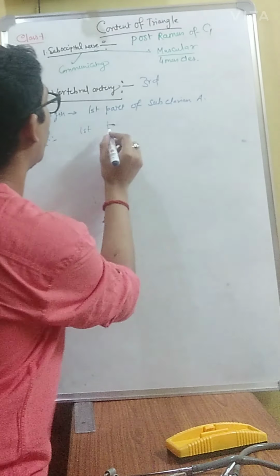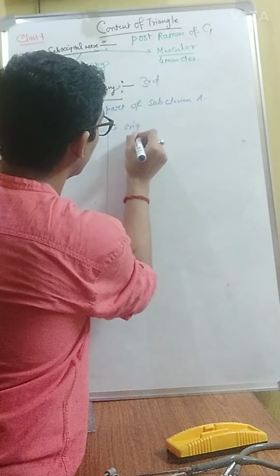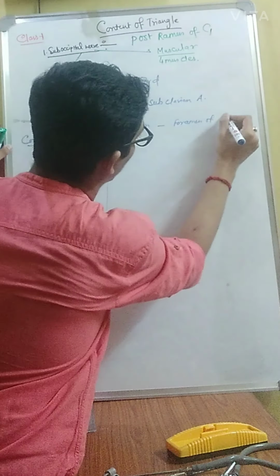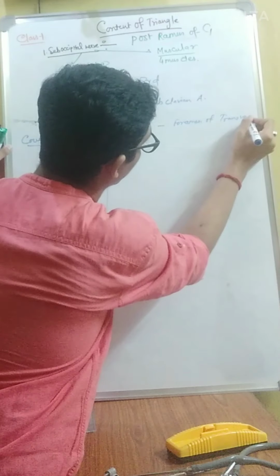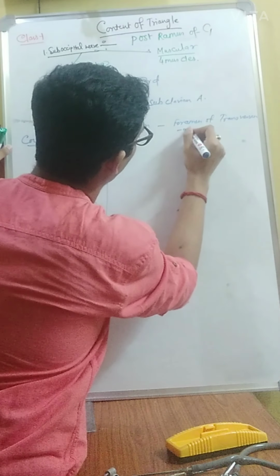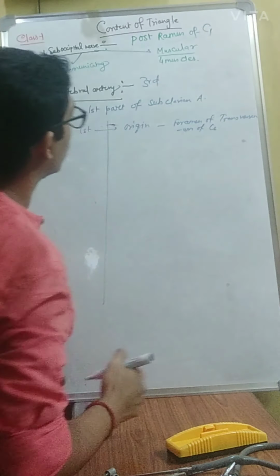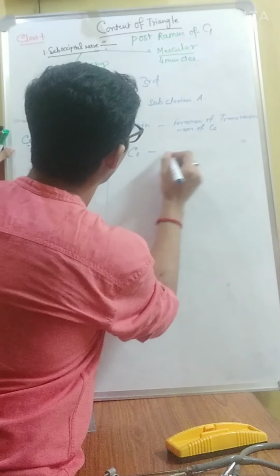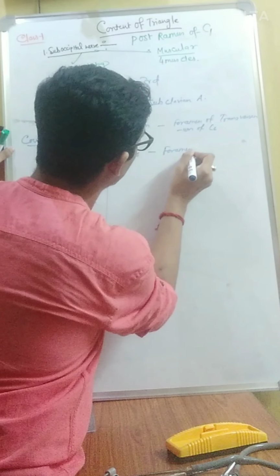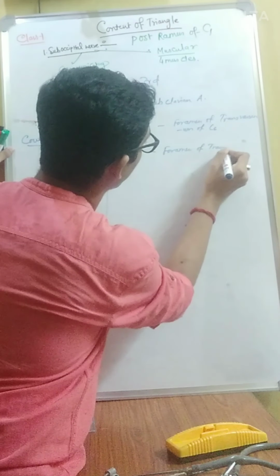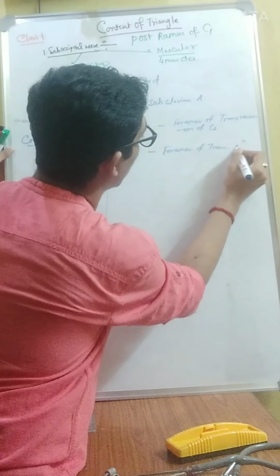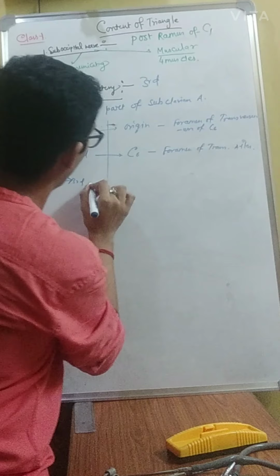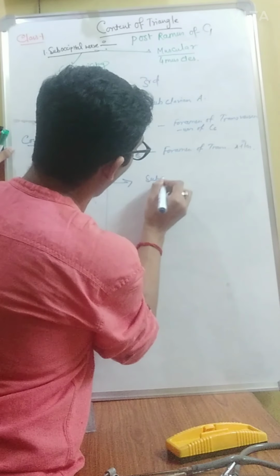The first part runs from the origin to the foramen transversarium of C6. The second part runs from C6 to the foramen transversarium of the atlas, and the third part is within your suboccipital triangle.